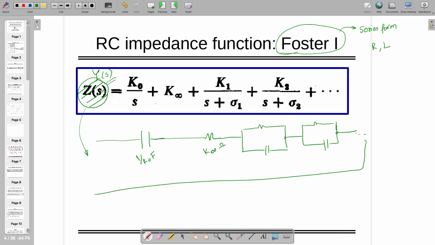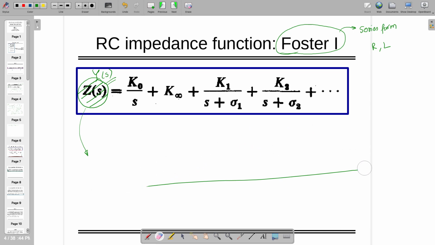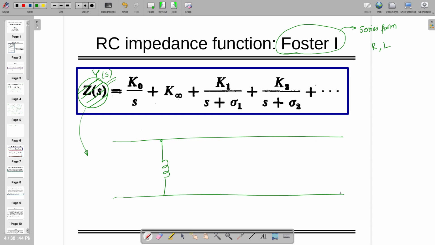Yes. So Nikita, first element is inductor or capacitor? Okay, inductor. Second element is resistance or okay.